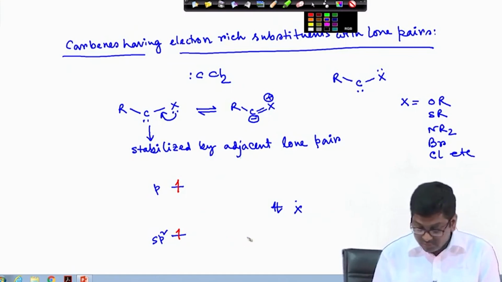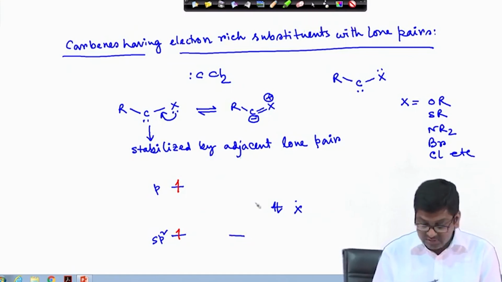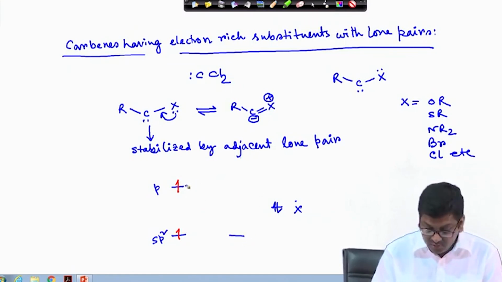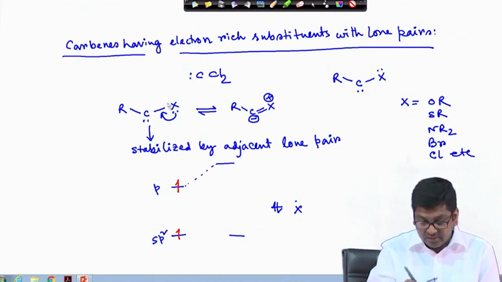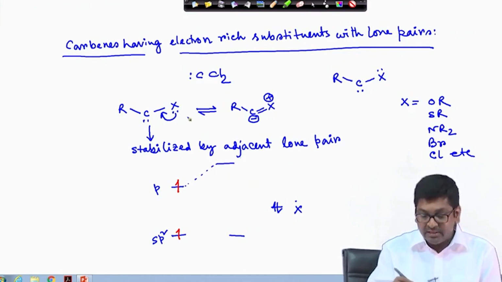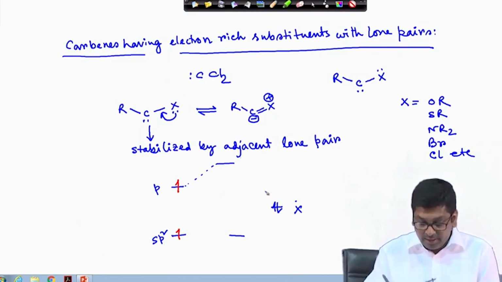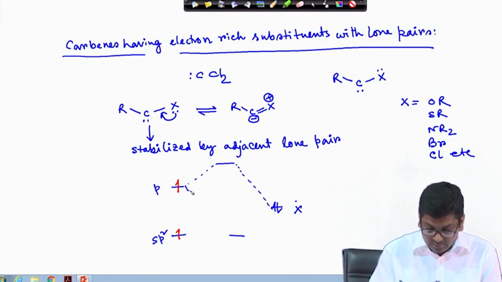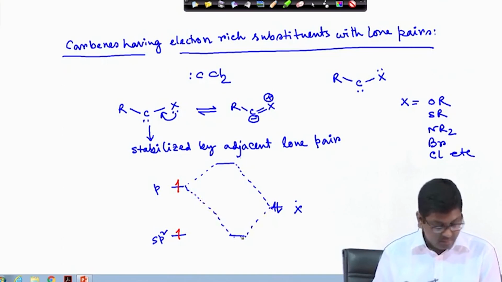So this is like this. Now this lone pair of this X can be given to the vacant p orbital. Okay.